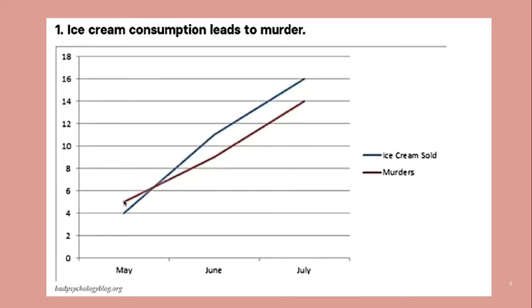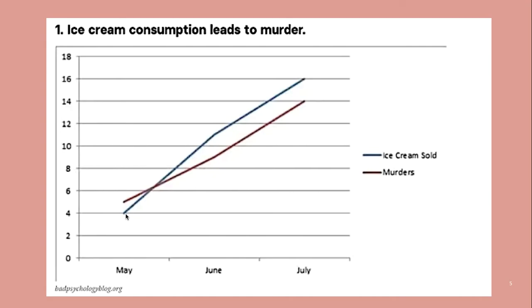In May, we see the number of murders rise right through June and up as well in July. So there's a steady upward trend in the number of murders across these months.